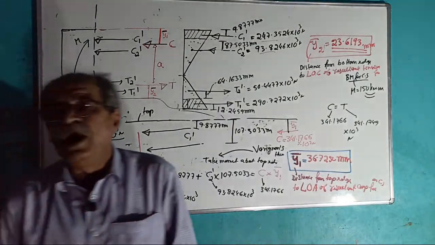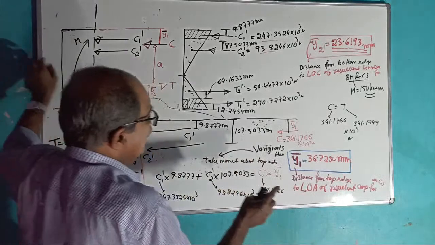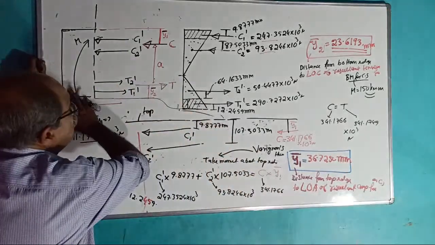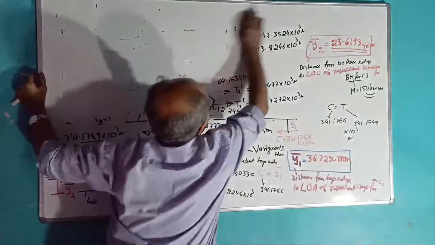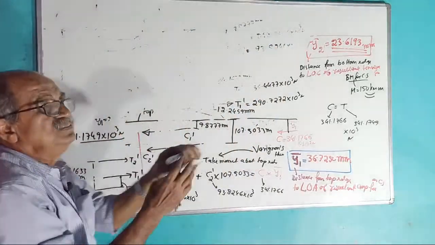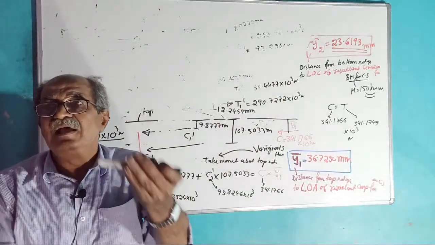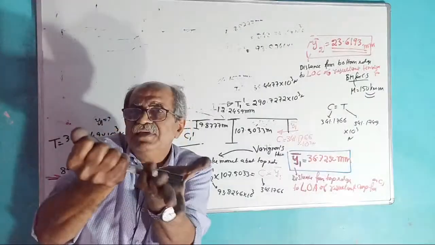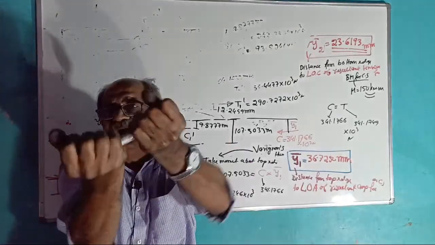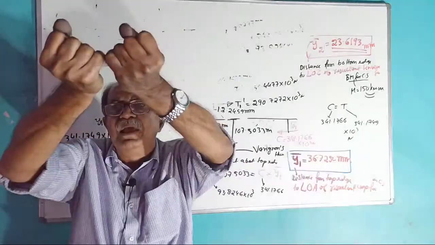So I am going to remove everything now. See, I am going to remove everything now. Nothing required now. Okay, start. All I told you, I will tell you once again. This is the bending moment applied, M. This is the internal resisting moment. See, it is in equilibrium.